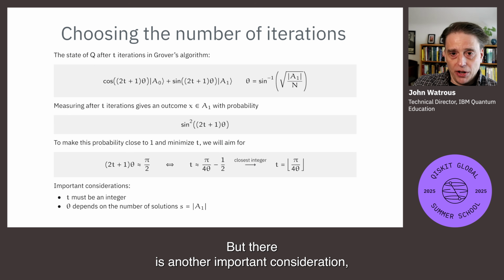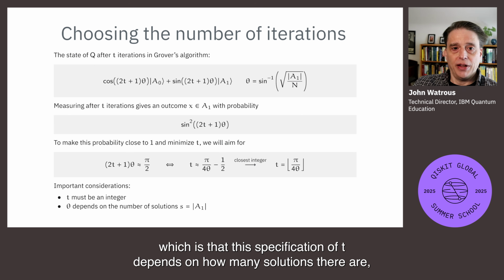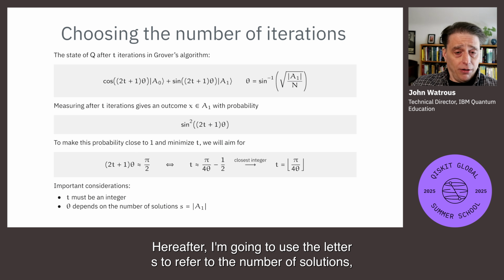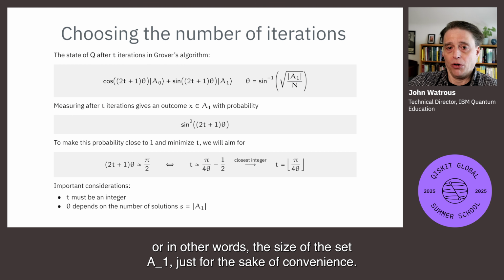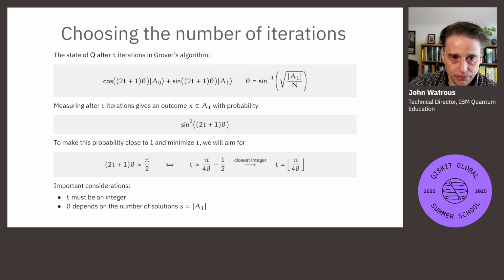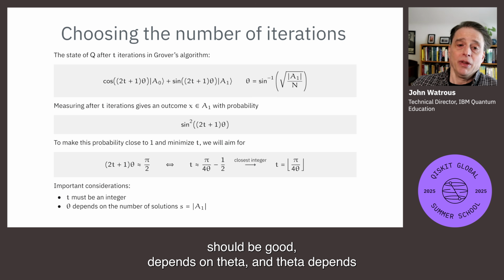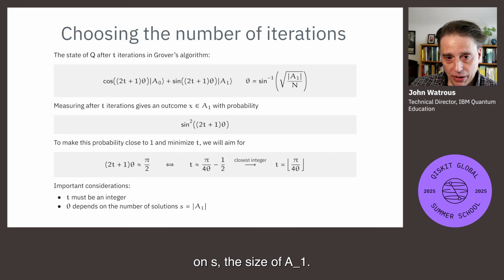But there is another important consideration, which is that this specification of t depends on how many solutions there are, because the angle theta depends on how many solutions there are. Hereafter, I'm going to use the letter S to refer to the number of solutions, or in other words, the size of the set A1, just for the sake of convenience. The point is that our expression for t, the value that we're hypothesizing should be good, depends on theta, and theta depends on S, the size of A1.